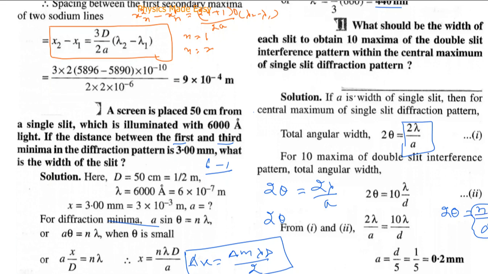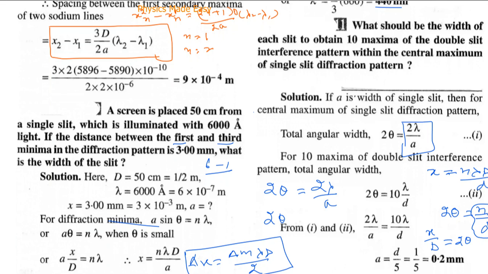Now for 10, n will be this. How do we calculate it? We have a formula like this. This is the condition for maxima in case of interference. Now xn by D gives us angular width, capital D. So x by capital D gives us angular width. This becomes 2 theta, and 2 theta is n lambda by a.